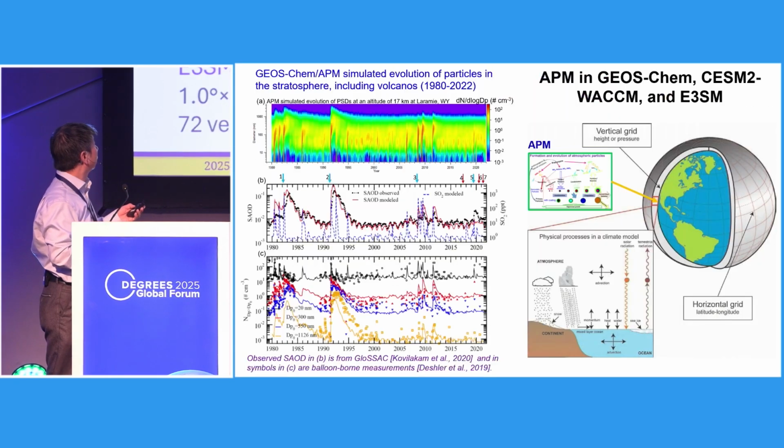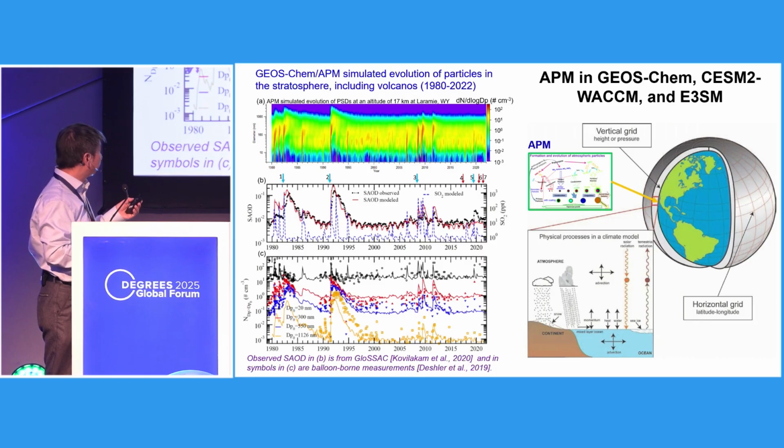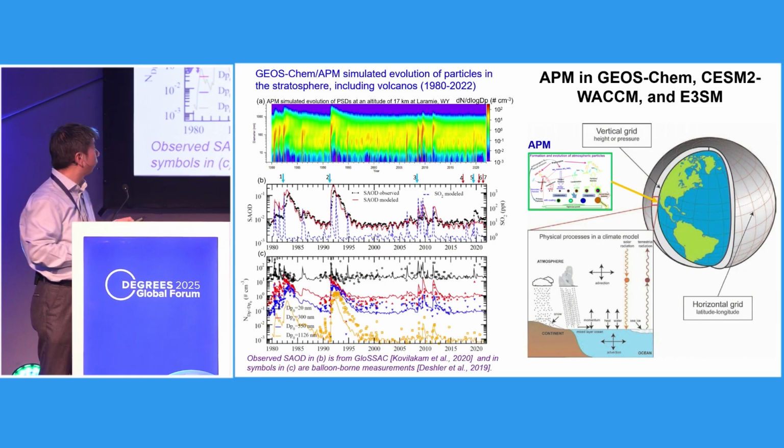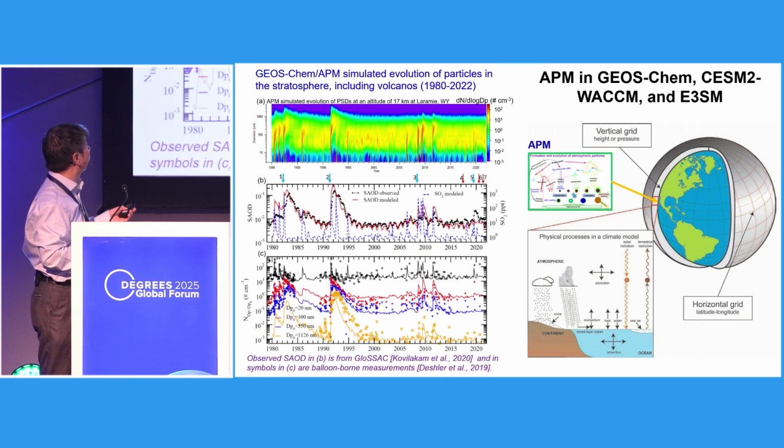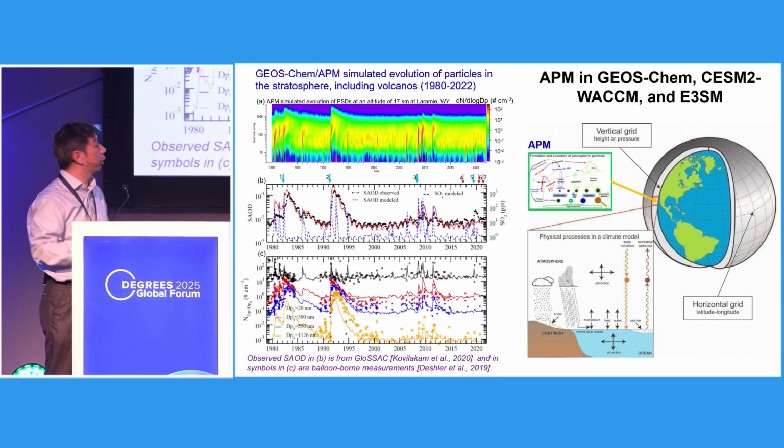Based on the size distributions, we can calculate optical properties and particle counts at different size cutoffs. The optical property shown is the stratospheric aerosol optical depth. The black symbol is the global GloSSAC satellite observations. The red line is the model simulation. You see the model captures these variations and the volcano.